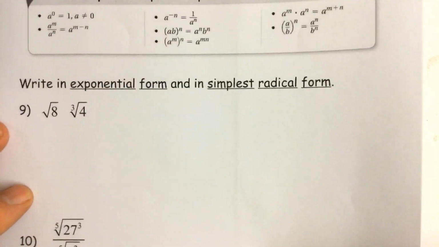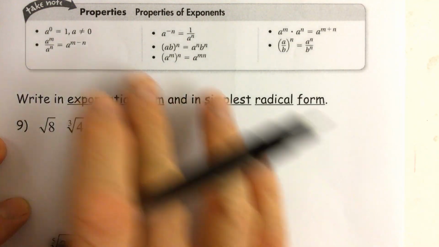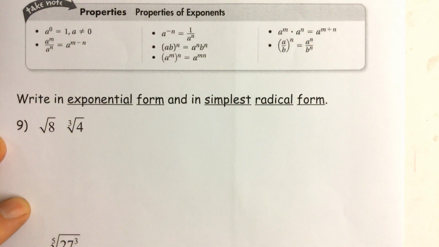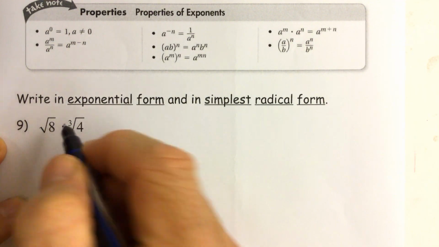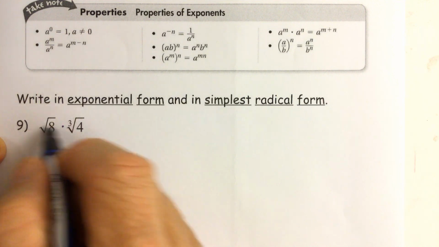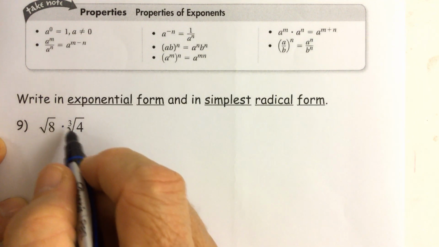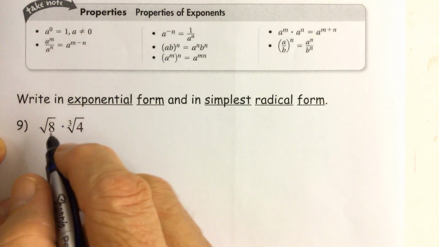And then on the last page, we have probably the most detailed examples, and so you definitely need to know your properties of exponents. We have 2 terms here that are going to be multiplied together, and they don't have the same root. So write in exponential form. We have to do that first.